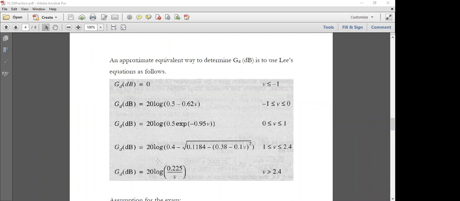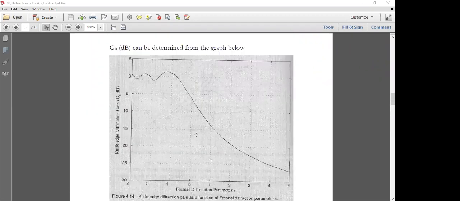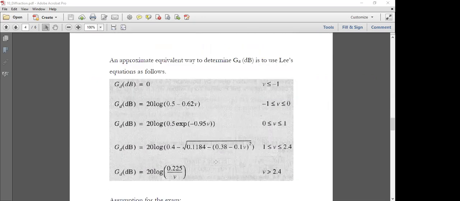But the equations depend on the value of nu. You first check which range the value of nu falls in, and use the corresponding equation to find G. So this figure gives you a more accurate value, and this has some approximation.